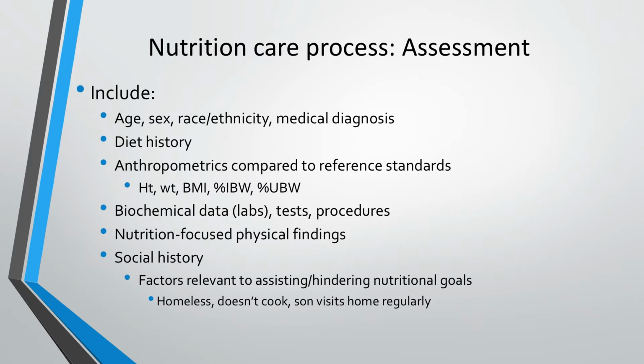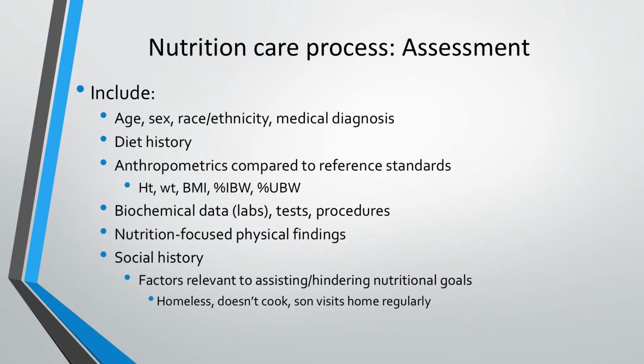Biochemical data includes your labs and any results from tests or procedures that would be nutritionally relevant. Nutrition-focused physical findings, we'll talk a little bit about that when we talk about malnutrition. There's social history that might be playing into the means by which they are suffering from nutritional problems, or things that might help them reach their nutritional goals.